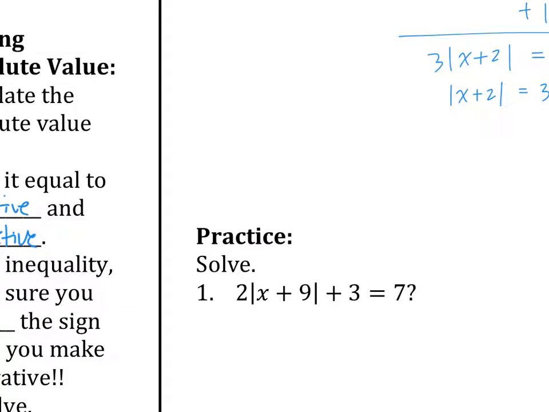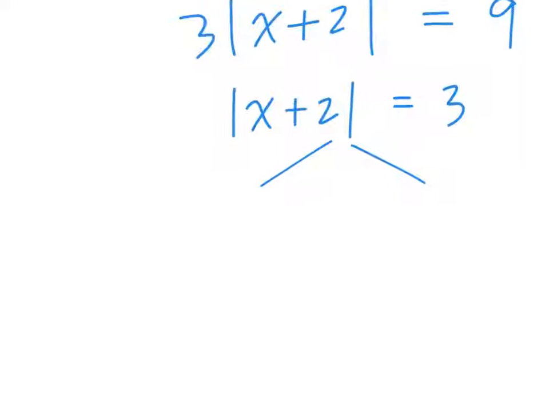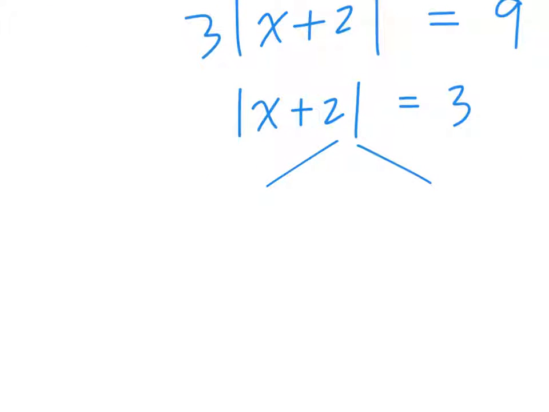Now, how do you do that? What I do is I draw two lines like this. That way, I remind myself I'm going to make it a positive and negative. So you take the absolute value off, so x plus 2 only without the absolute value around it, and make it equal to exactly that same question. And then on the other side, you're going to take x plus 2 again, but this time you're going to make it the negative version.